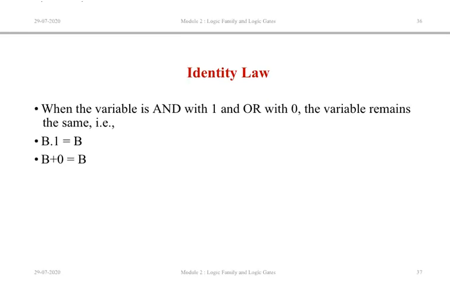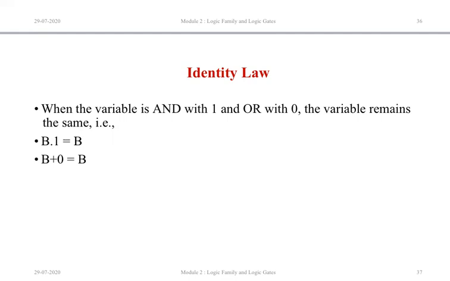In the identity law, we are saying that when a variable is ANDed with 1 or ORed with 0, the variable remains the same. Meaning b dot 1 is b, and b plus 0 is b. So that is the identity law.